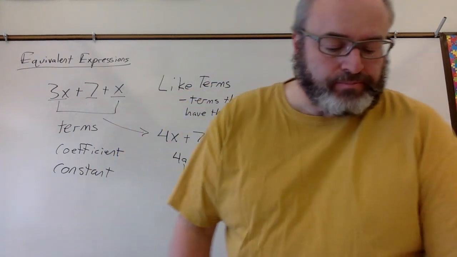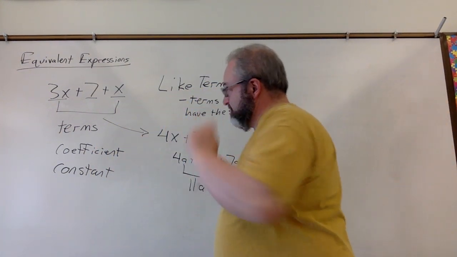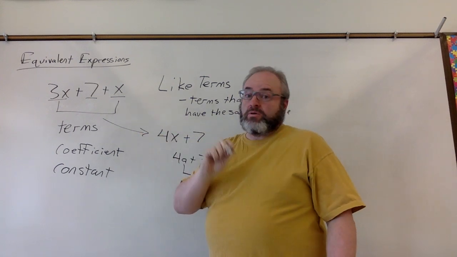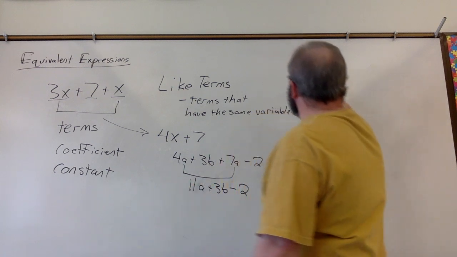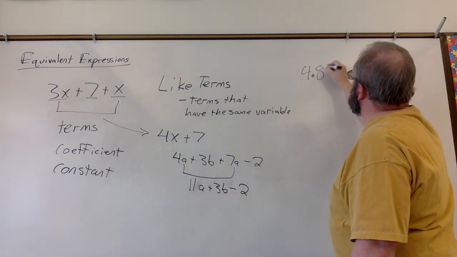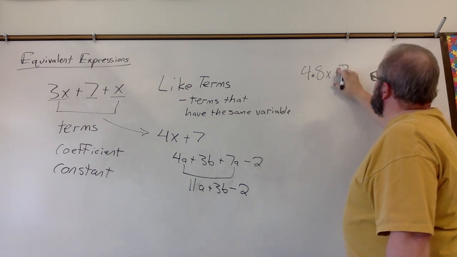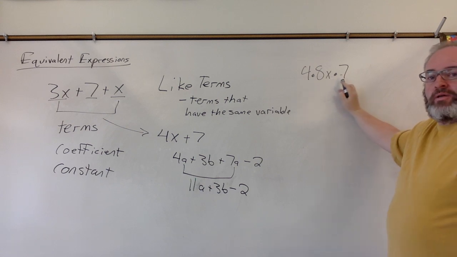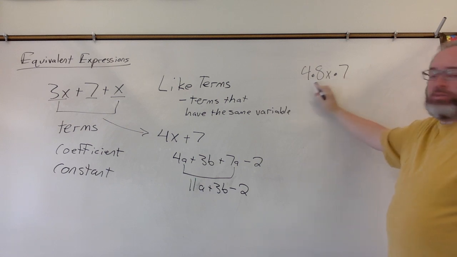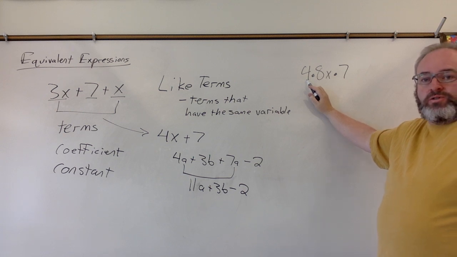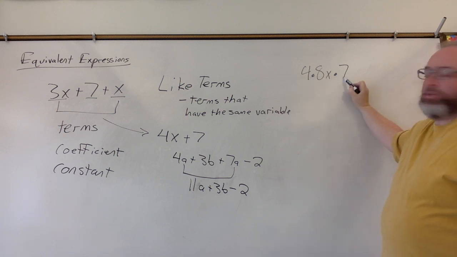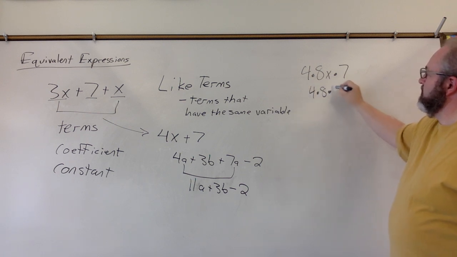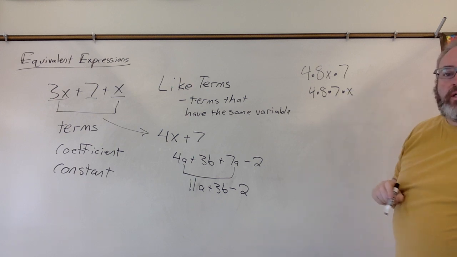All right. Now, combining these like terms applies to adding. You can multiply unlike terms all you want. So here we have 4 times 8x times 7. To multiply terms, we're going to multiply our coefficients and our constants together. So we're going to do 4 times 8 times 7, bring the x to the end.